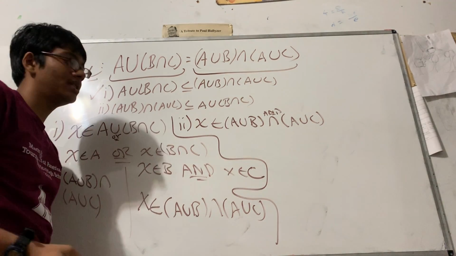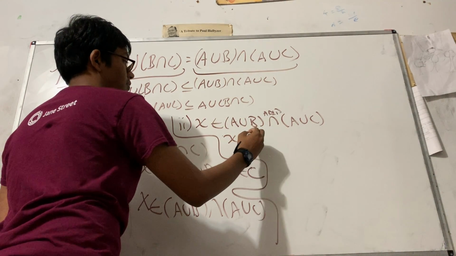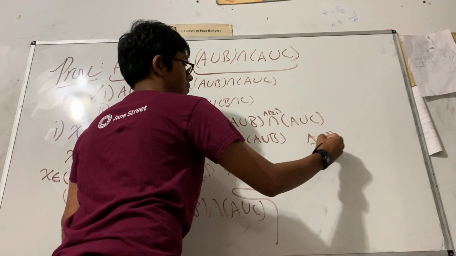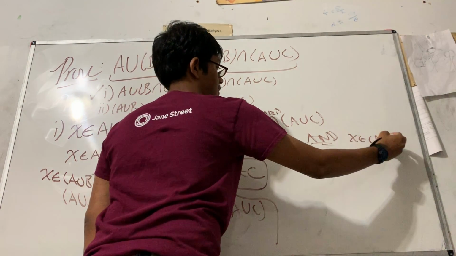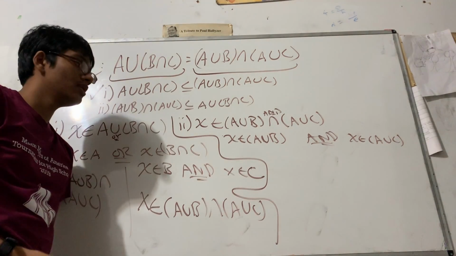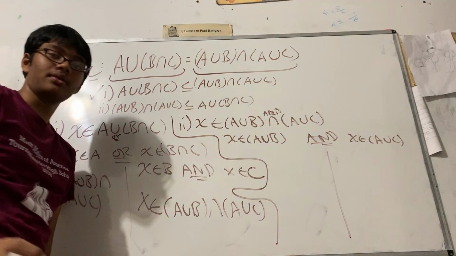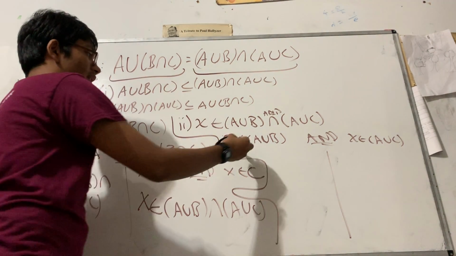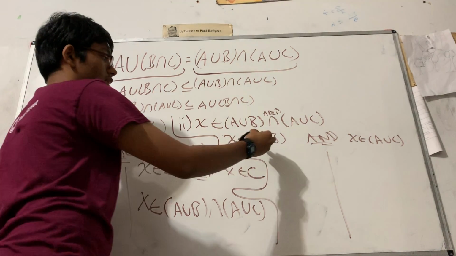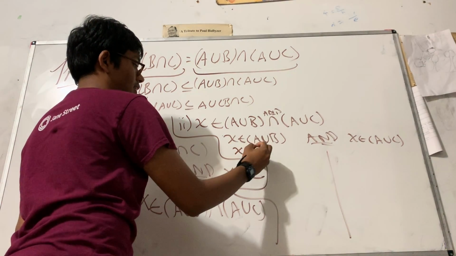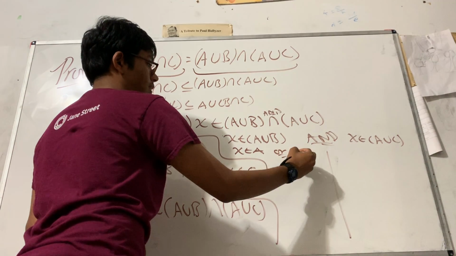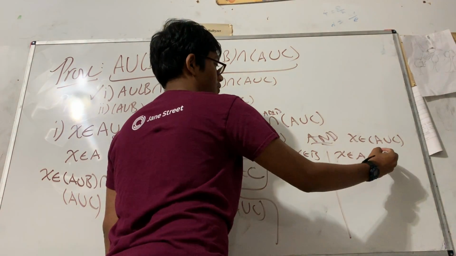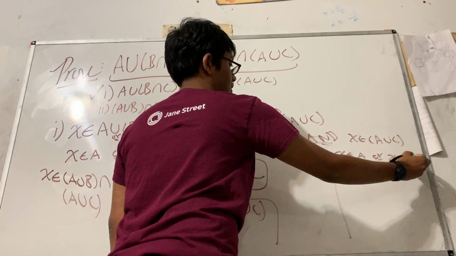That means x is an element of both A union B and A union C. Now we have to prove that x will be an element of the left-hand side. If x is an element of A union B, then x is an element of A or B. Same thing here: x is an element of A or x is an element of C.